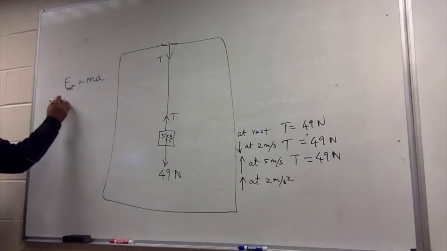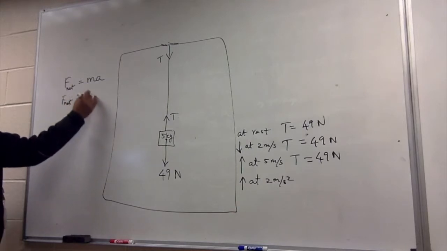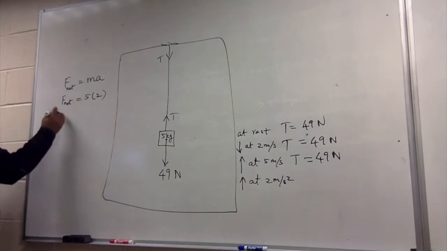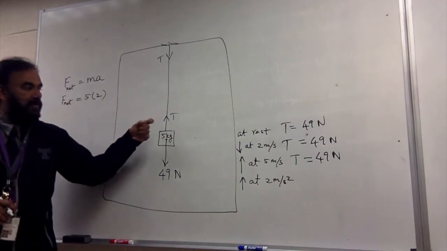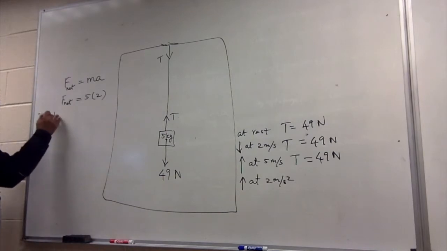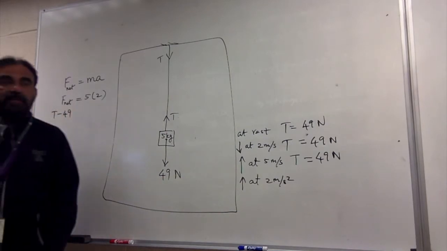So the net force is equal to the mass, 5 kilograms, times 2, because it is accelerating now, not 0. So how do you write the net force when this is the higher one and this is the lower one? Isn't the net force T minus 49?